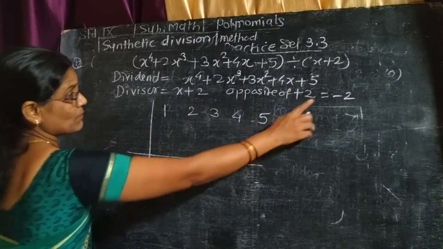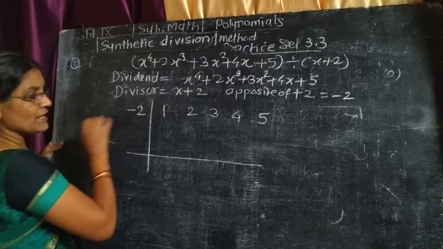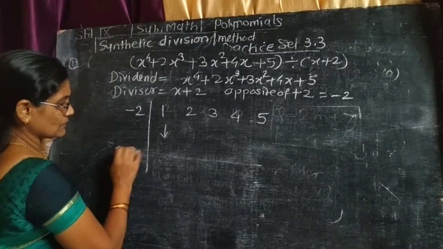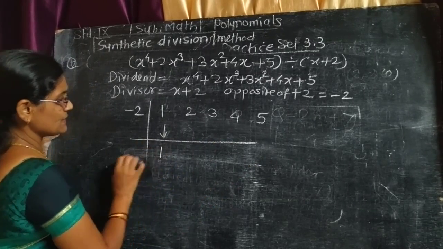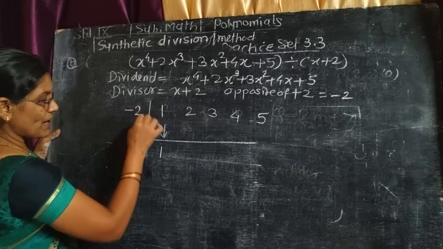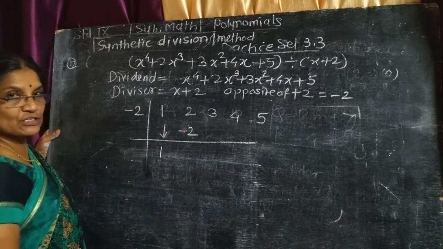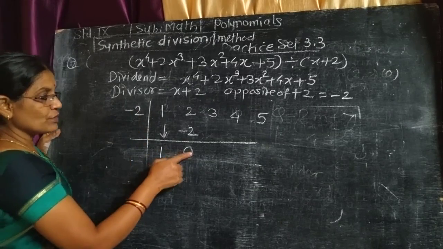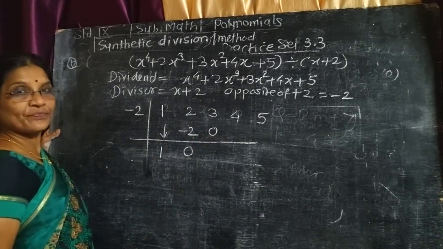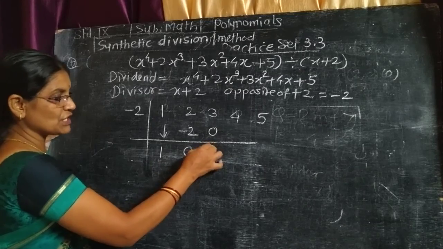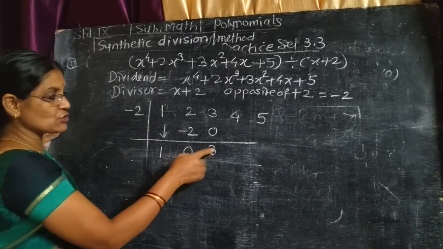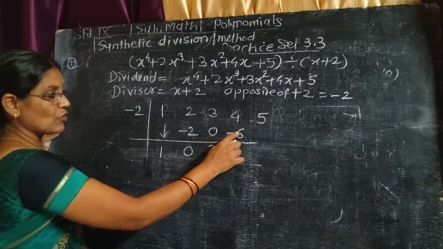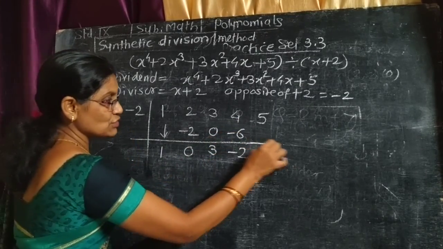After that this opposite number, minus 2, write down here. This one as it is, 1 as it is. This minus 2 into 1 means minus 2. 2 and minus 2 is 0. Minus 2 into 0 is 0. 3 plus 0 is 3. 3 into minus 2 is minus 6. 4 minus 6 means minus 2.